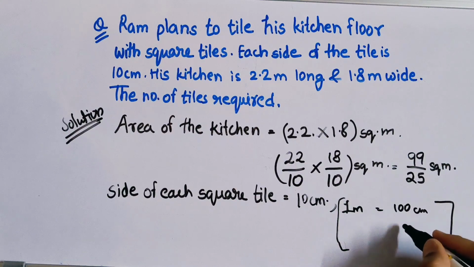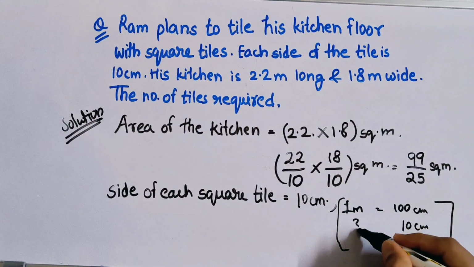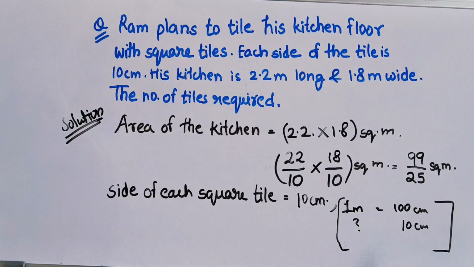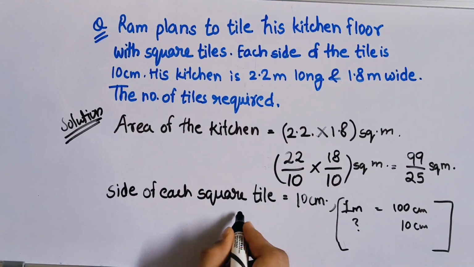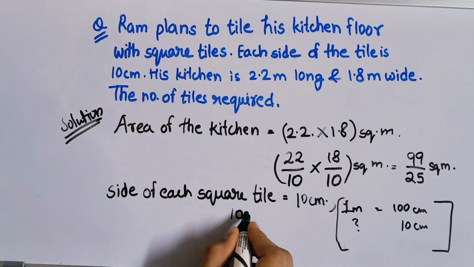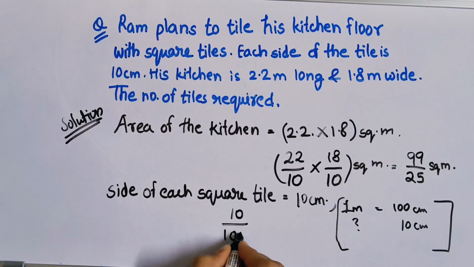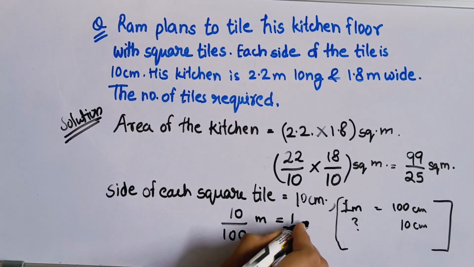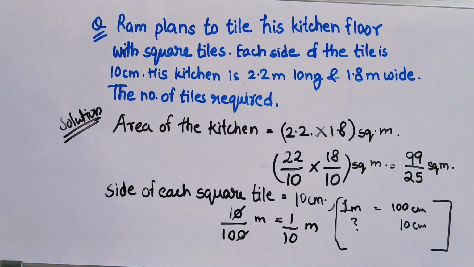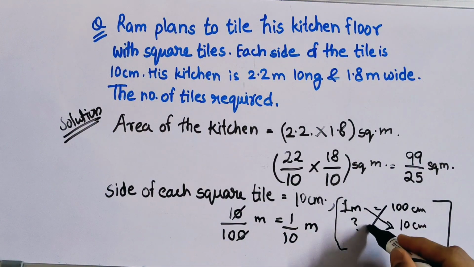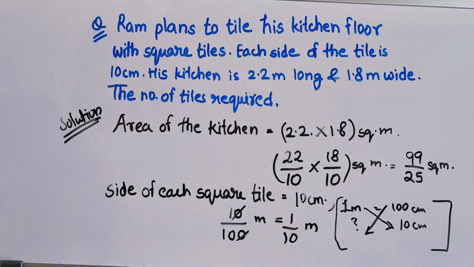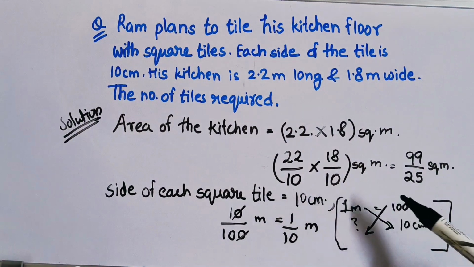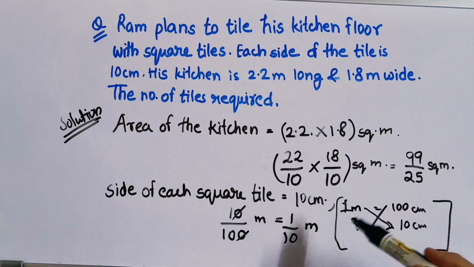So for 10 centimeter, how much? So we have 10 divided by 100 meter, that is 1 divided by 10 meter. We did here cross multiplication. This is a shortcut method. Side of each square tile is 10 centimeter, given in centimeter, so we have converted this into meter.